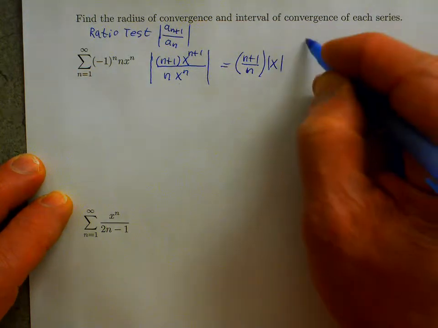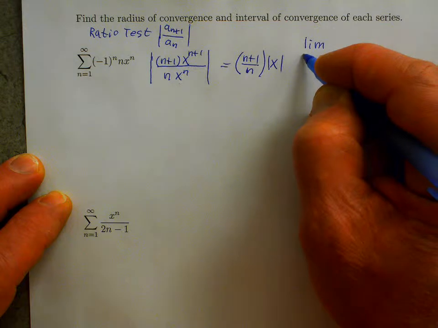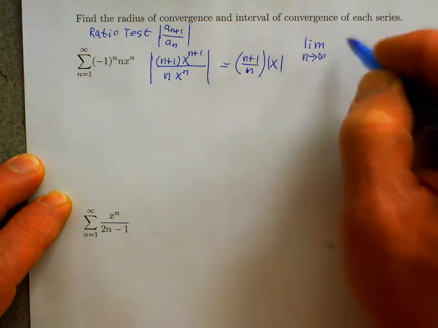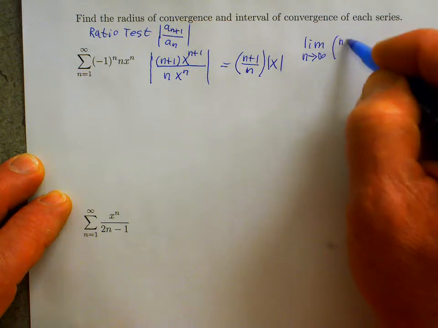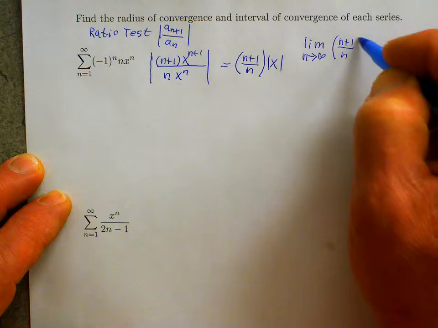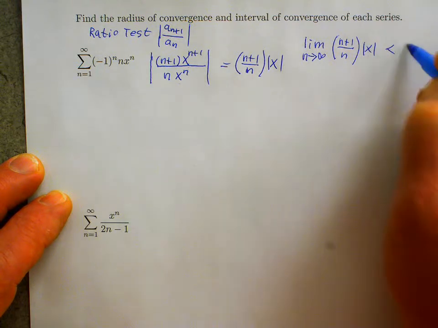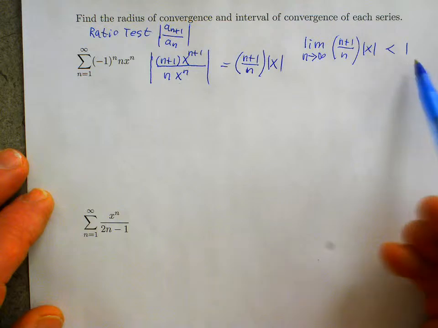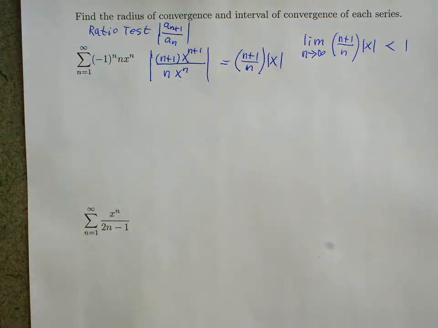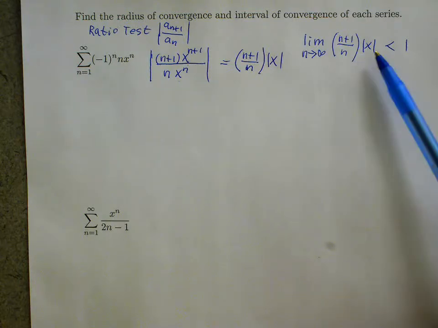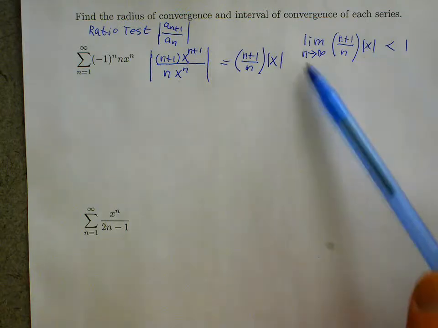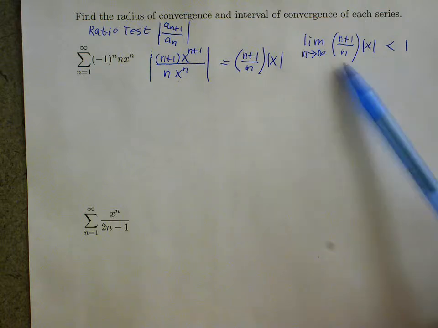Okay, so when we take the limit of this, we want it to be less than 1. This limit has to be less than 1 in order for the infinite series to converge. And for each individual x, this absolute value of x is not affected by n. The only thing that's affected by n is n plus 1 over n.